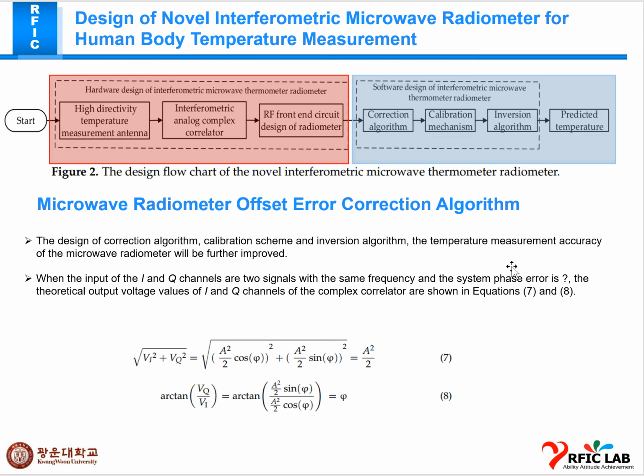For software design, first we have a correction algorithm. If there is an error, we use the correction algorithm, then a calibration mechanism, and then, to avoid more error, we use an inverse algorithm, and then the predicted temperature can be measured.